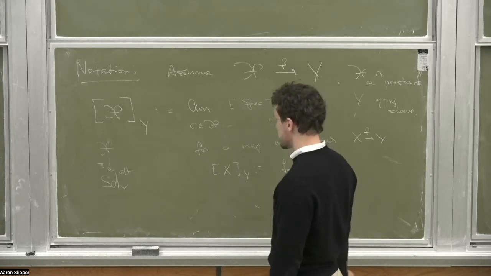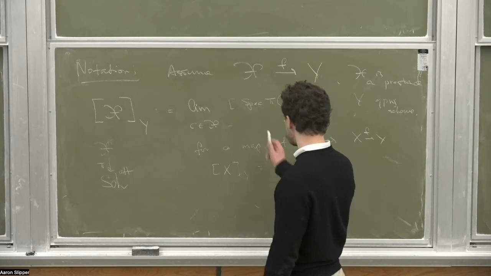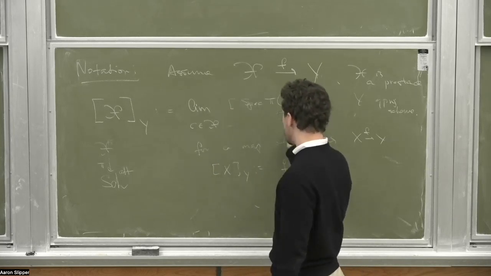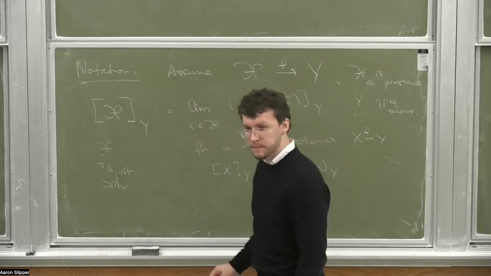Does it make sense now? For a map of schemes it makes sense, but in general we take the limit over all such things for all affine schemes like this.